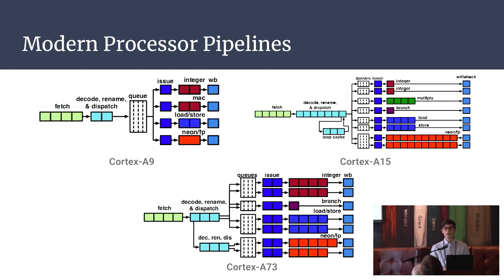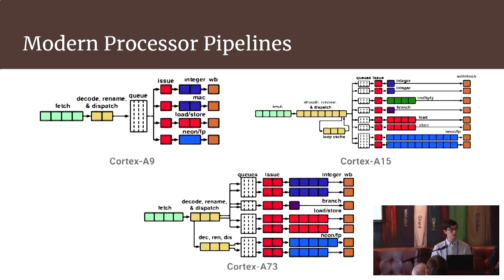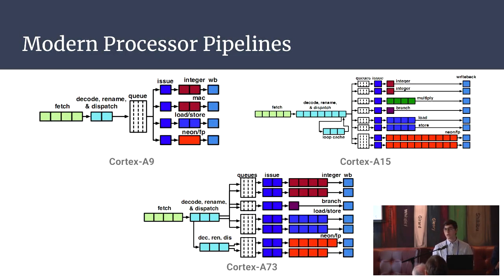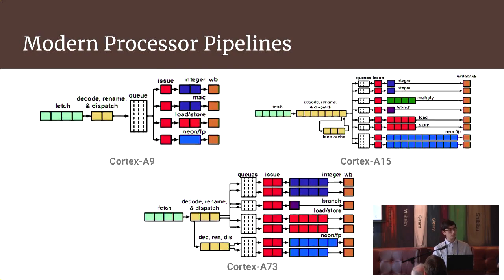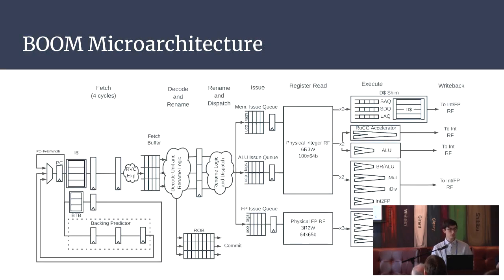You have your fetch, your different stages of decode and rename into your issue queues, and then you actually send it out into the execution units. There's variation between having a unified issue queue versus having them separated out between all the execution units. But basically variations on this where you either split up the issue queues, change the amount of pipeline stages, things of this sort. So similar to these cores, BOOM looks like this.